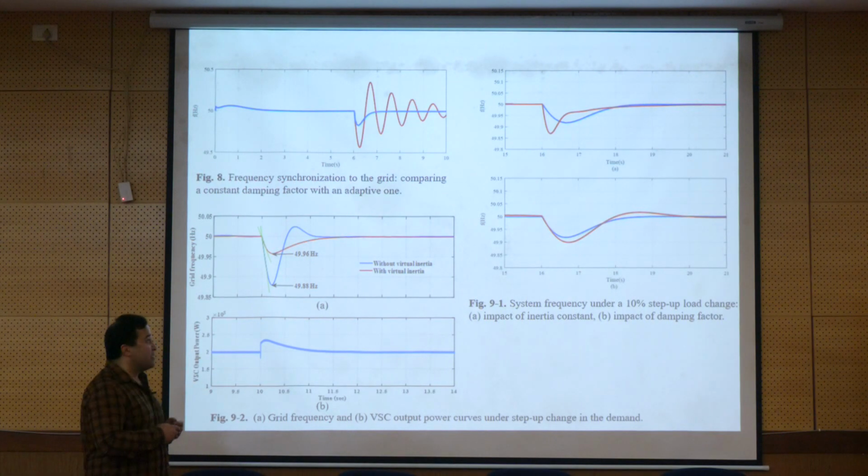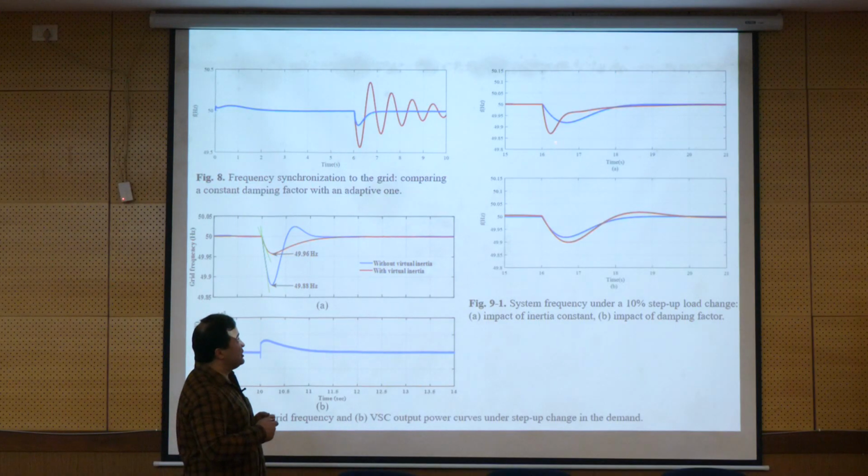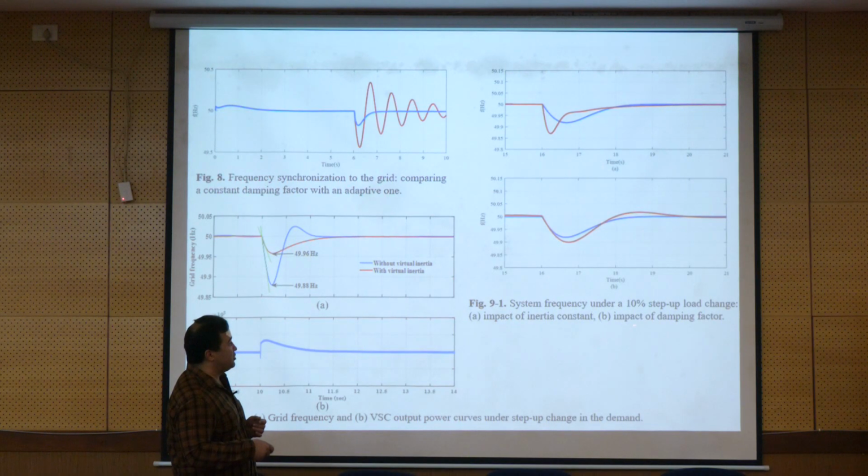Okay? And for the load changes, when we have the 10% load increment, we see the impacts of the inertia, the lack of inertia, and also the impact of the damping factor. When we tune the damping factor better, the response is much better, but when it's not tuned well, it can be something like this.